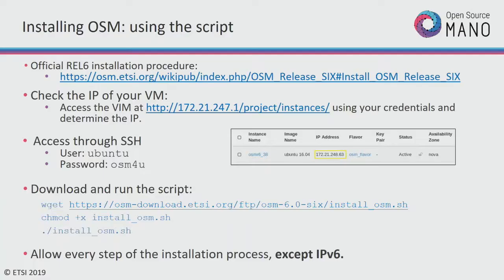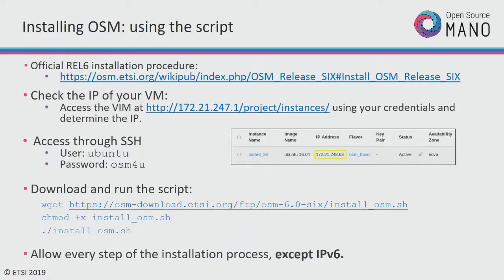In the spreadsheet, please, the next step is to access the OpenStack VIM with this URL, 172.21.247.1, press instances, and then with the credentials that you have in the spreadsheet, please enter the OpenStack VIM, okay?